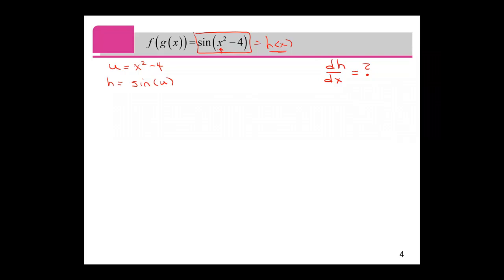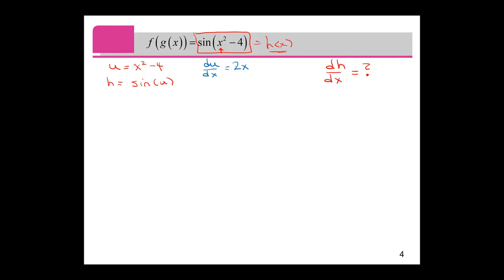So that's what I'm looking for, the derivative of h with respect to x. Okay? But if I look here, I can say that the derivative of u with respect to x is equal to 2x. Does everybody understand that?